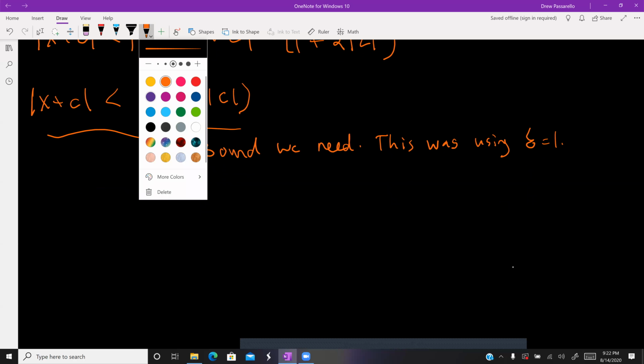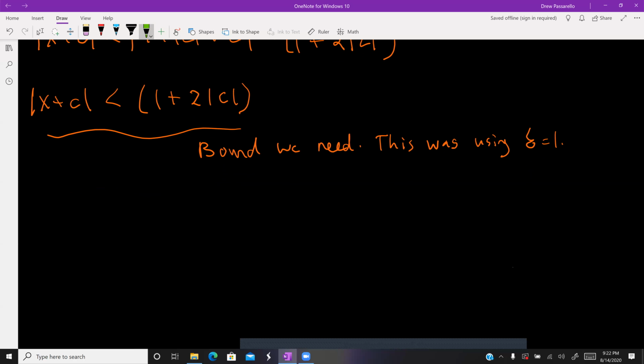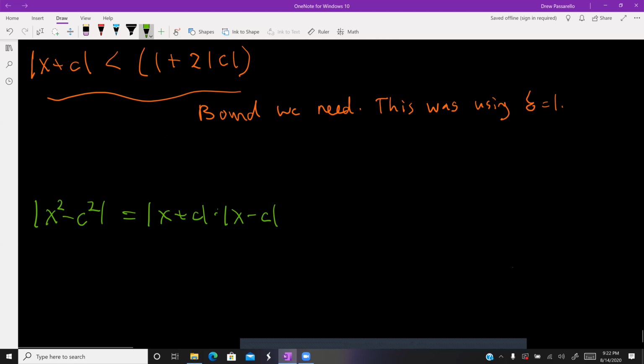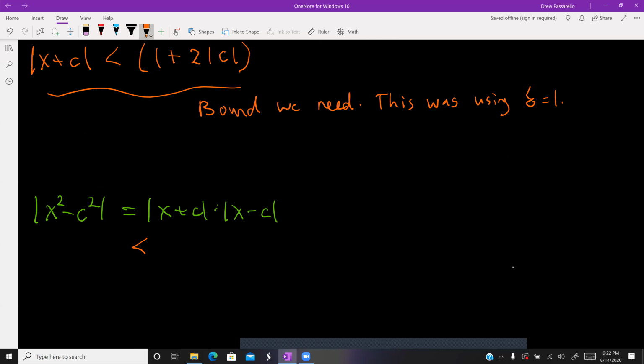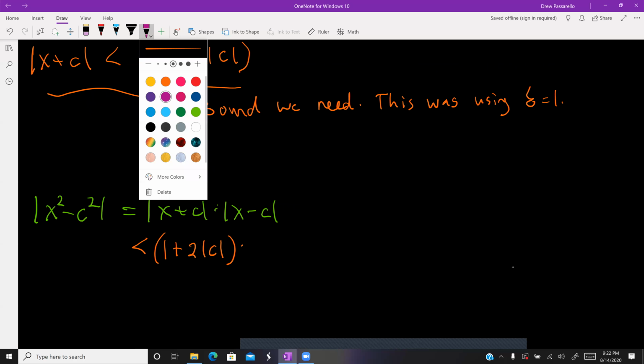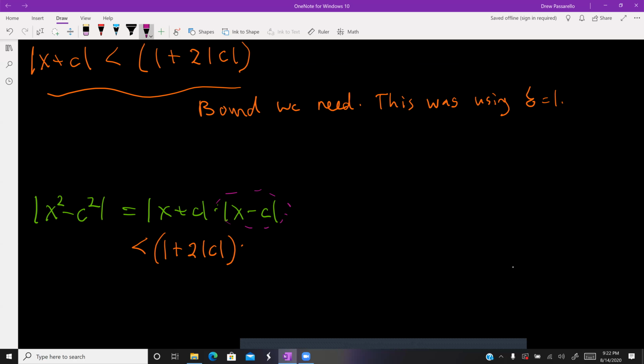All right, so to combine all this, we had x squared minus c squared. That was equal to the absolute value of x plus c times the absolute value of x minus c. Now this is less than 1 plus 2 times the absolute value of c. And then times this x minus c, that's less than delta. So this will be this times delta.